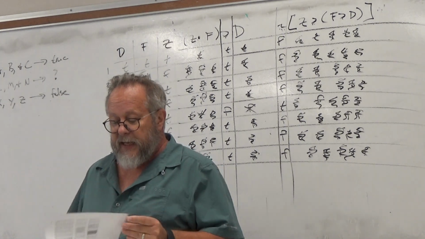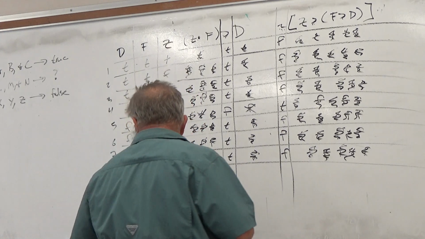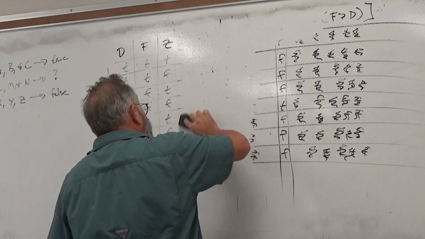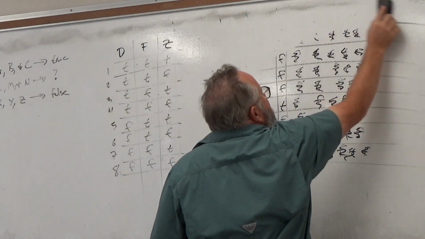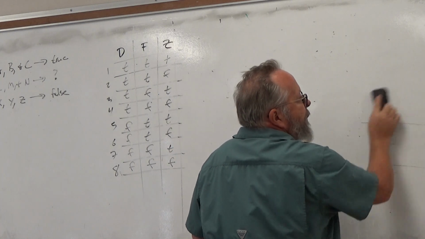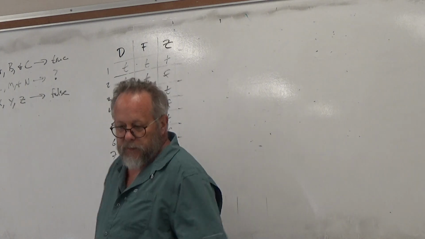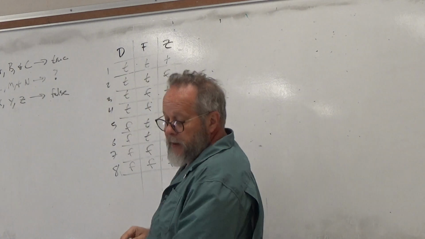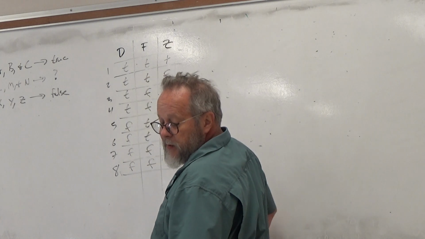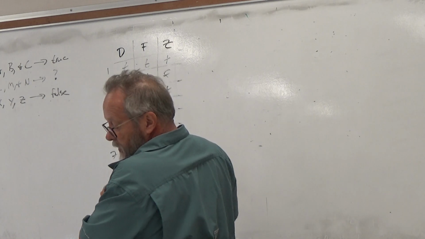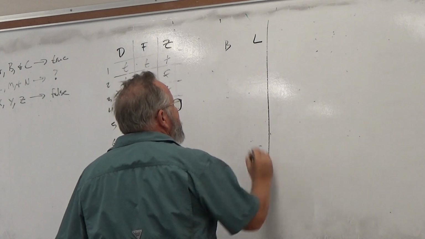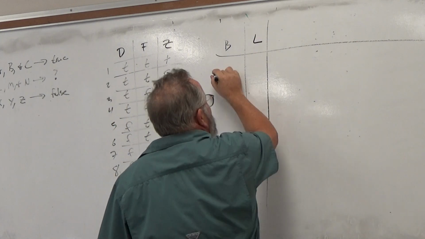Let me do number 8. Number 8 only has 2 things, B and L. So that means we only need 4 lines.